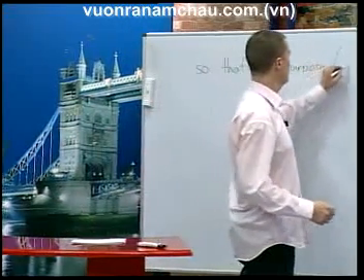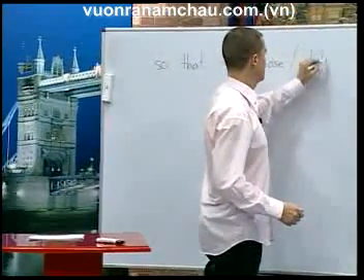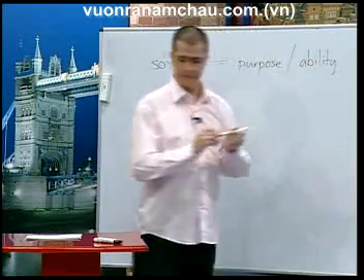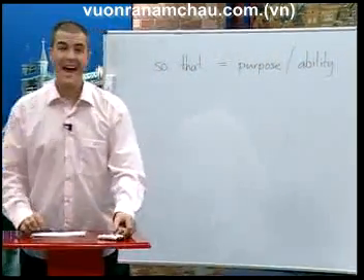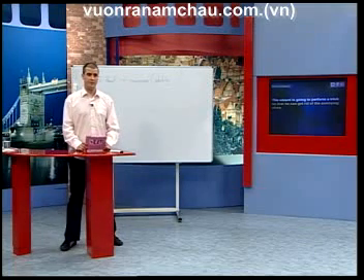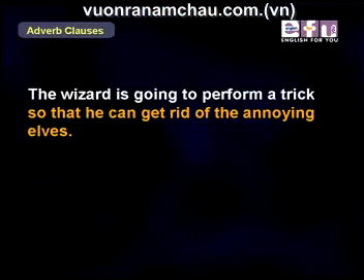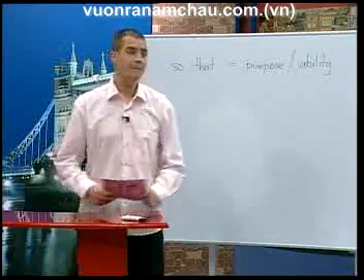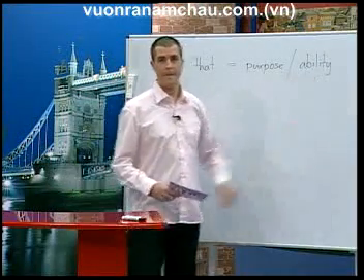Purpose or ability. Can is then used in the adverb clause. Let's have a look at this example. The wizard is going to perform a trick so that he can get rid of the annoying elves. So that plus can is ability.